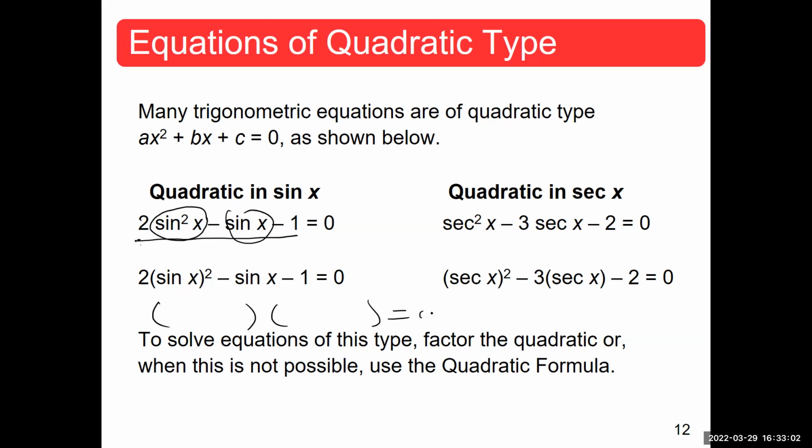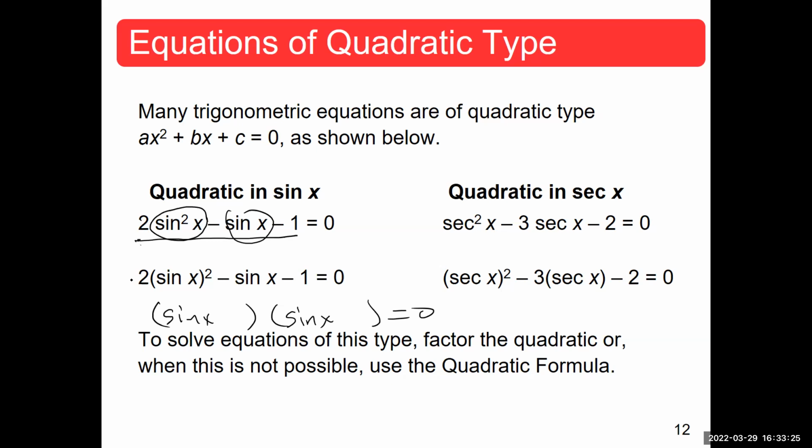If I have to solve this problem, I can FOIL out. I write sine of x here, sine of x here. Two numbers that add to -1 and multiply to -1 would be hard. I cannot do that, because I have 2 in here.